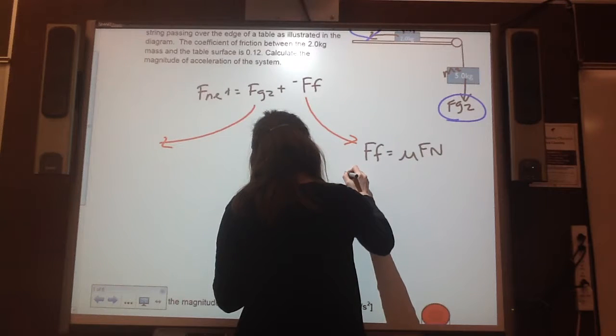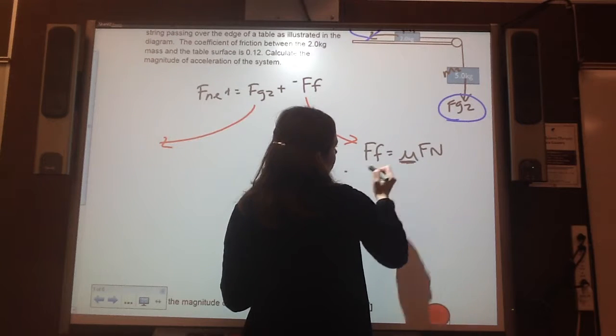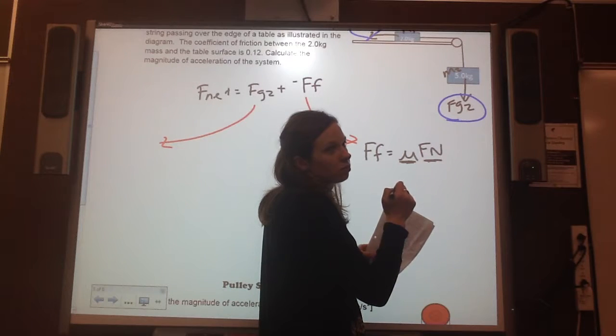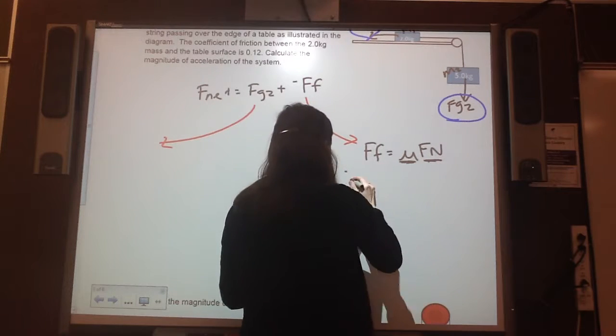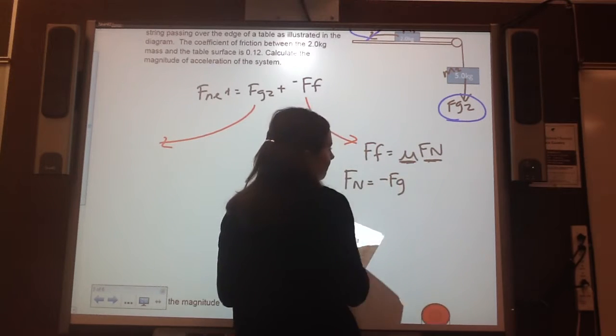For first here, do we have our coefficient of friction, right? Do we have our Fn? No. But I can say that my Fn is equal to negative of my Fg.